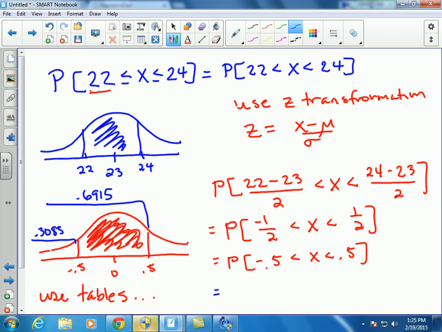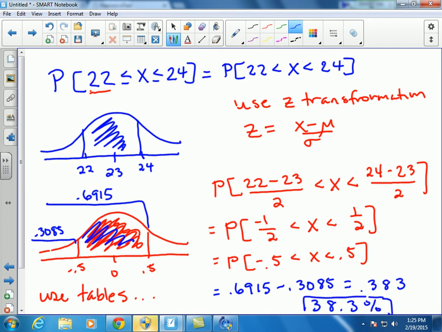Therefore, this probability, if we just get what's in the middle, is 0.6915 minus 0.3085, and that happens to equal, do your calculation, 0.383, or 38.3%. So that's the answer to the problem.